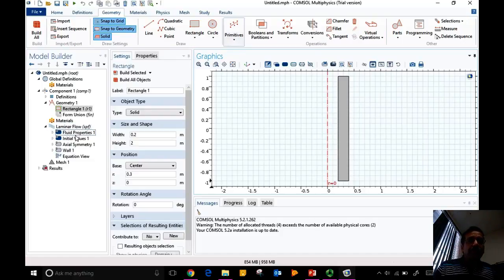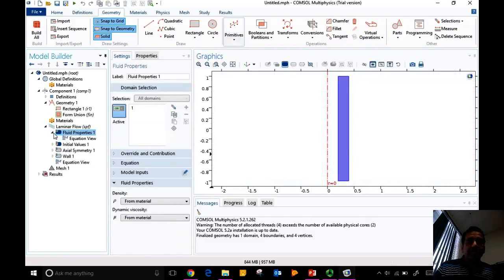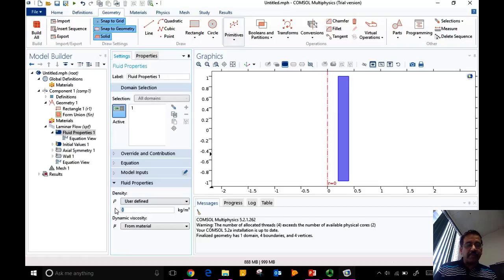Okay, so fluid properties. Those are routine. We have already seen that. User defined. I'm going to put 1. Viscosity. We can do non-Newtonian, etc., but let's just take user defined and make it 1. Okay, so density is 1, viscosity is 1, the channel width is 0.25 or something like that, 0.2.